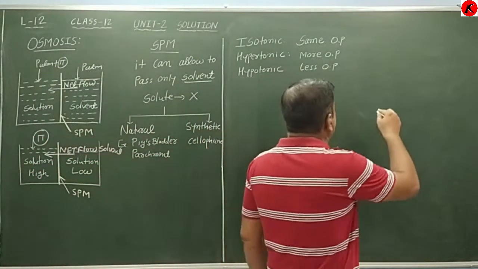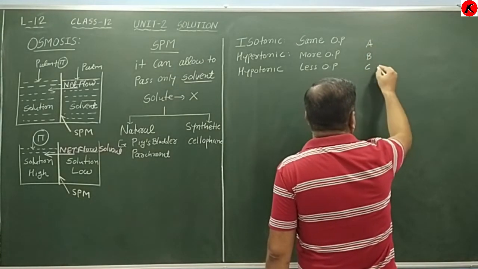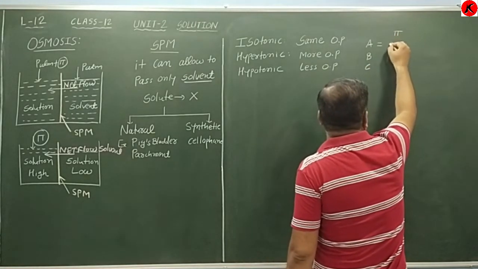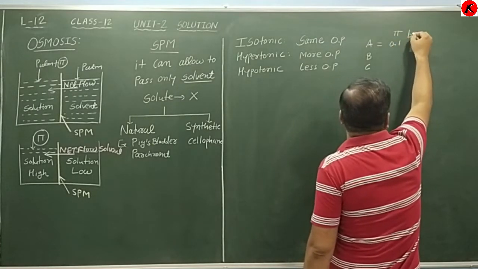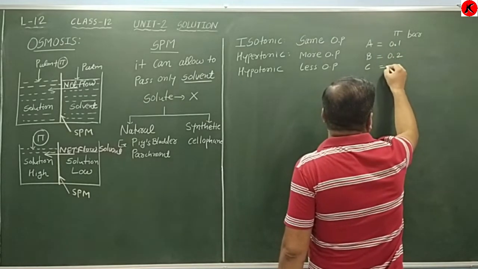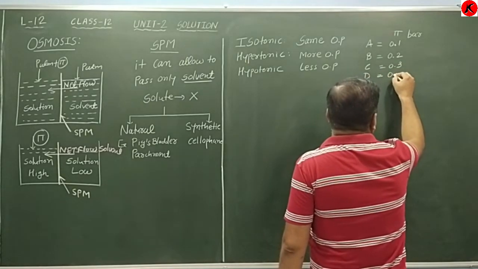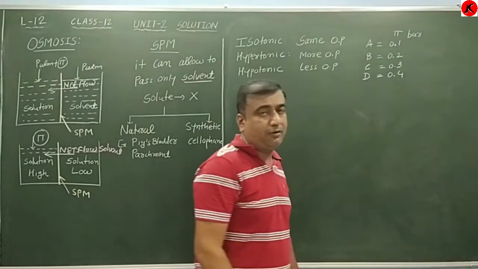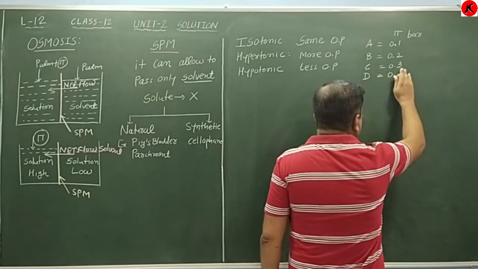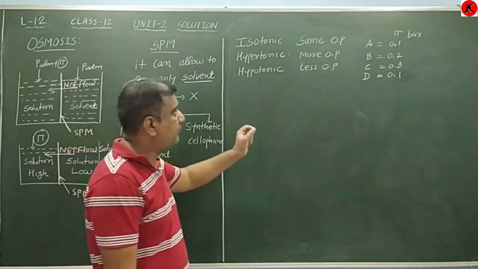For example, suppose we have solutions A, B, C and D. Solution A has osmotic pressure 0.1 bar, and the others 0.1, 0.2, 0.3 and 0.4 bar. As per definition, isotonic solutions have the same osmotic pressure.